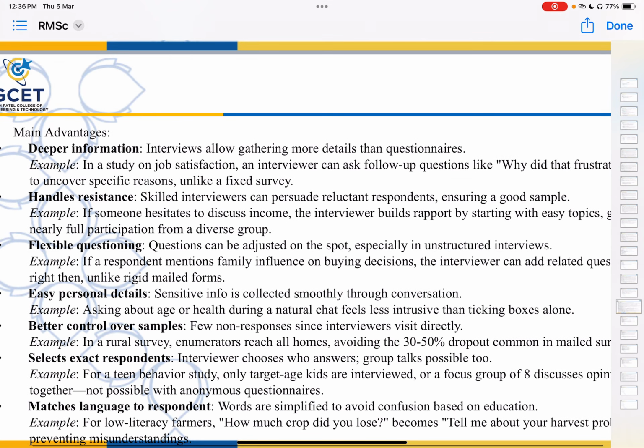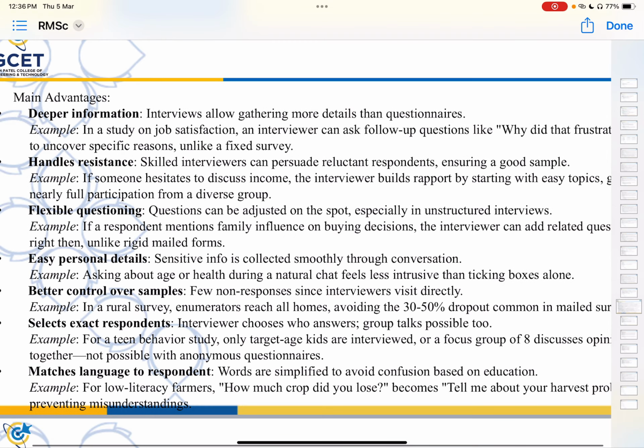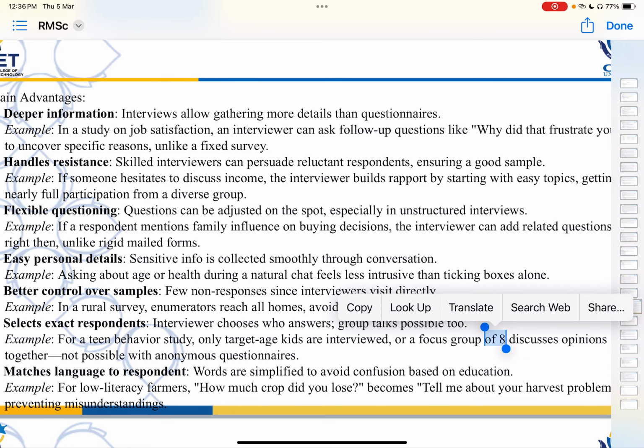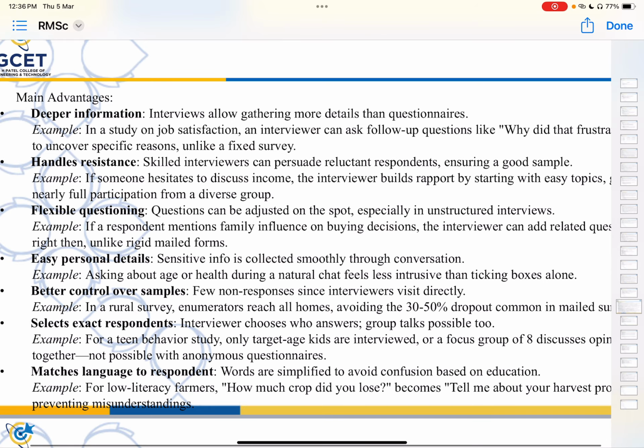Now the advantages of this interview method. The main advantage is deeper information. Interviews allow gathering more detail than questionnaires. The example is given, you can read.